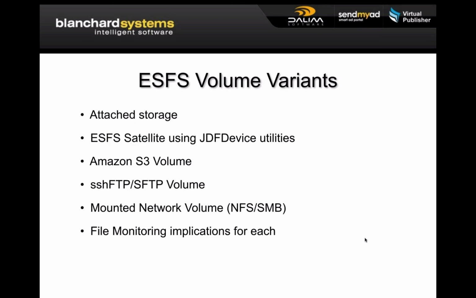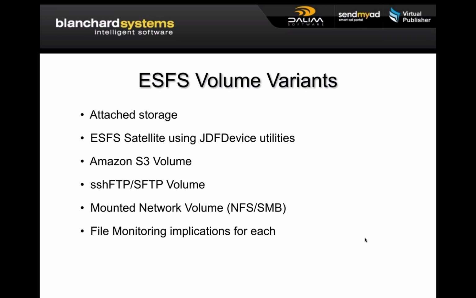These are the 5 different variants we're going to look at. Typically, the easiest way to deal with the ESFS is just direct attached storage with the file monitoring on either the app server or renderer doing the dirty work for you. Then there's what's known as an ESFS satellite, which is a completely separate server with storage, but that is able to notify ES because you've got the JDF device utilities.